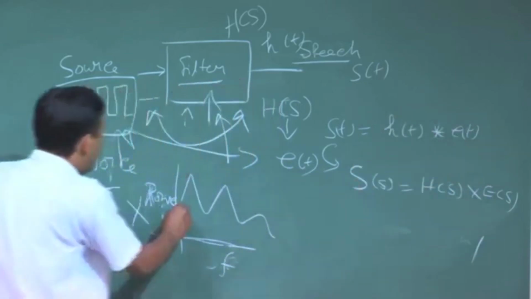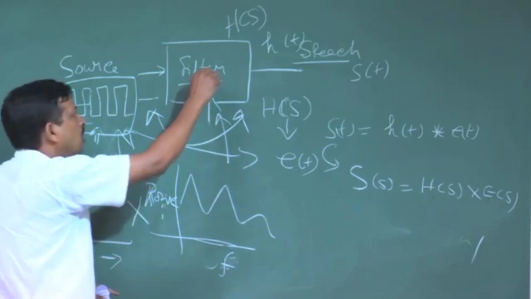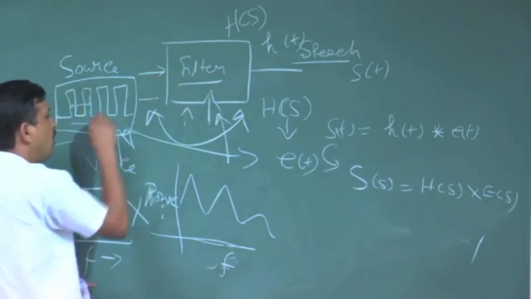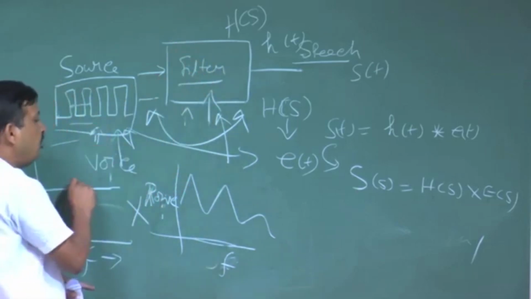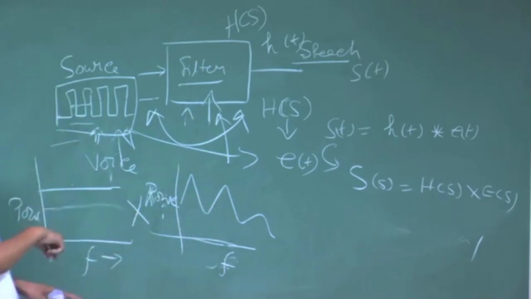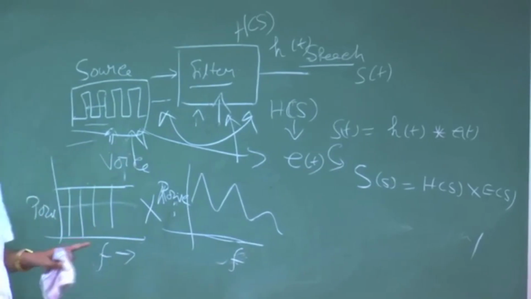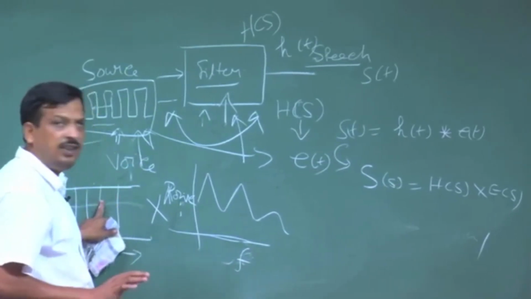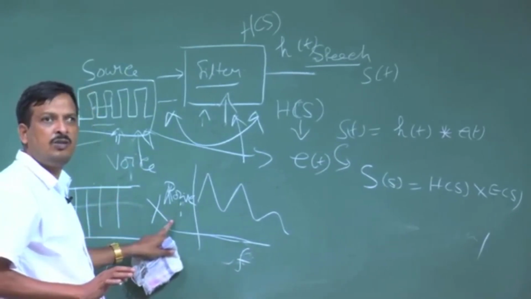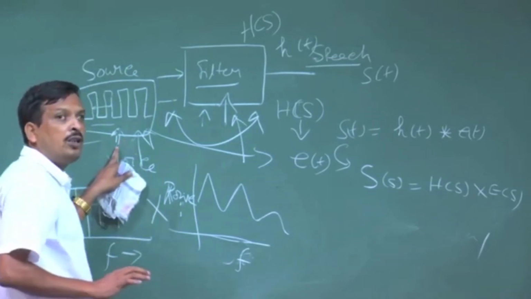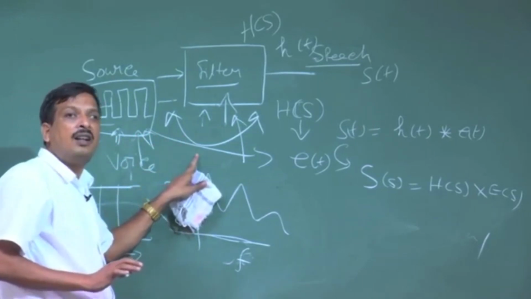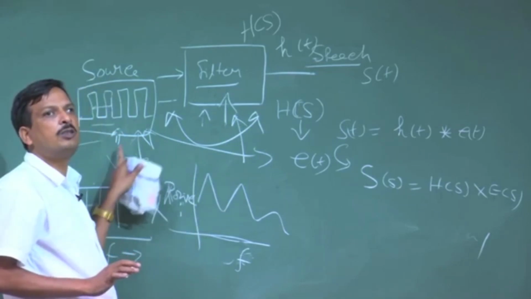Different sounds are the responsibility of the filter, while the source decides whether there will be voicing or no voicing. This is nothing but a multiplication. But the source provides the fundamental frequency of the speech.